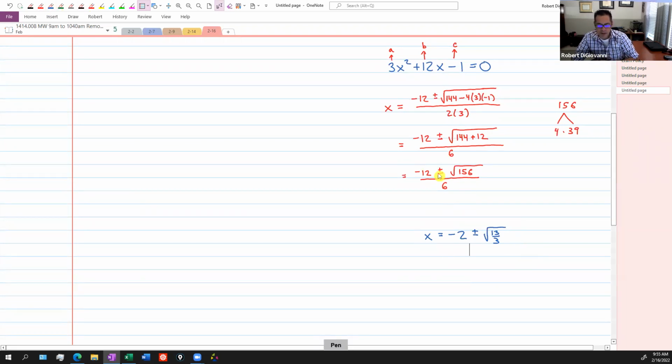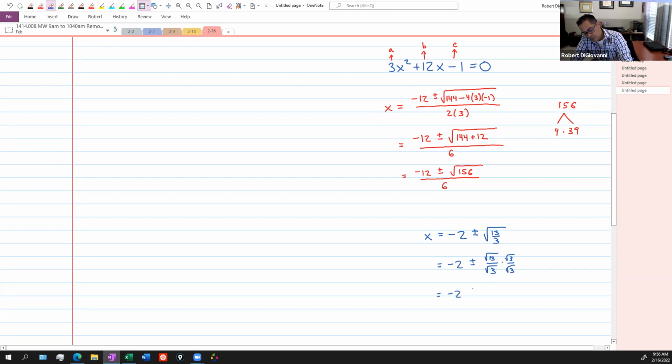Okay, I'm going to stop on this one right here. I'm not going to simplify it anymore. What I'm going to do is try and convince you these are both the same. I'm going to take this plus or minus root 13 over root 3 and multiply the top and bottom by root 3. That's rationalizing the denominator.